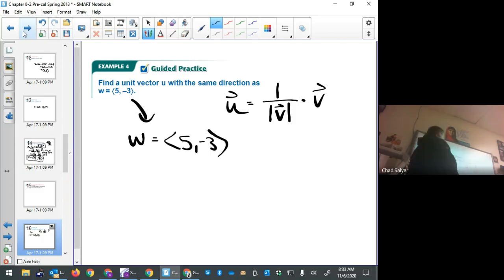So just plug w in for v in that formula. Find the corresponding u. So you're giving me the unit vector in the direction of w. You're going to have kind of a funky radical in this case.